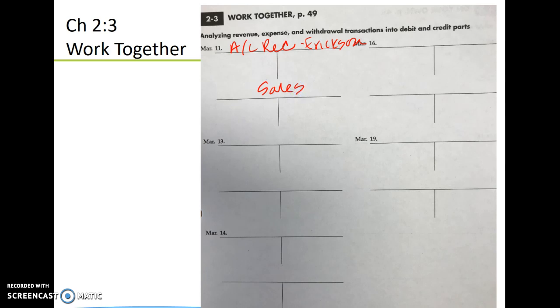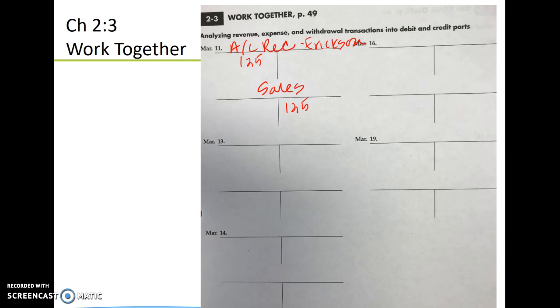So your accounts receivable is an asset and your sales is an owner's equity. They're both increasing. So you will do your 125 on the debit for accounts receivable, and you're going to credit your 125 to sales.